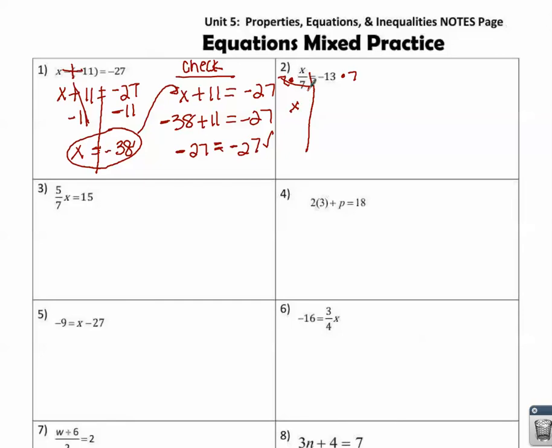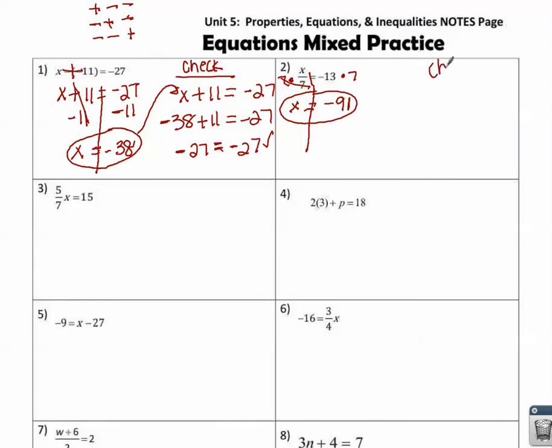Your inverse operations cancel, leaving you with x equals a negative 13 times a positive 7, giving you a negative 91. Don't forget, when you multiply integers, you can always use your plus minus table. A negative times a positive gives you a negative.